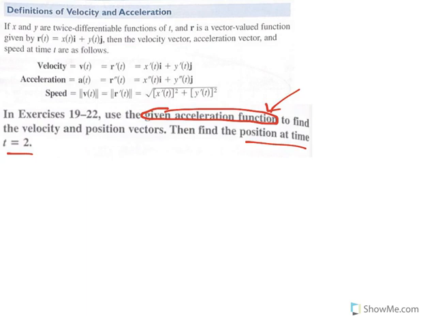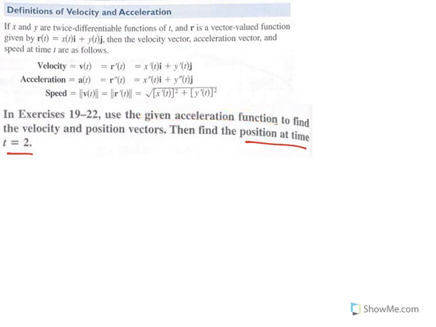And then we have to find the particular values of the constant that would satisfy whatever initial conditions we have for velocity. And then we would have to find the antiderivative of the velocity function, which would give us a position function with a constant vector. And then we have to find the particular value of that constant vector, which would satisfy the given initial conditions for the position function. So that's the problem that we want to look at now.